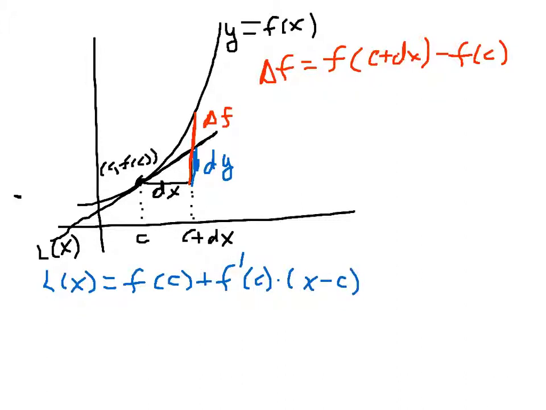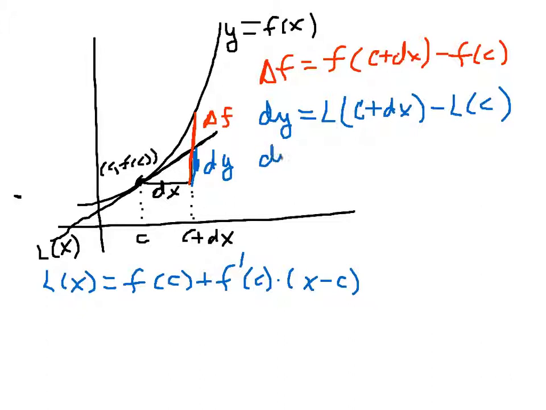So what do we want to show? We want to show that dy is equal to L of c plus dx minus L of c. And so dy is equal to, we'll skip these steps, you can fill them in, but dy turns out to be f prime of c times dx.